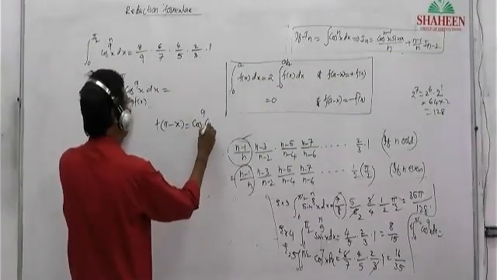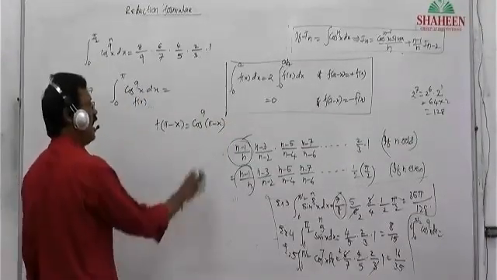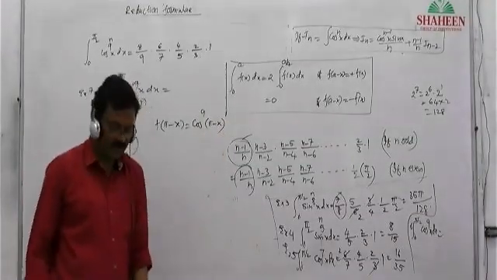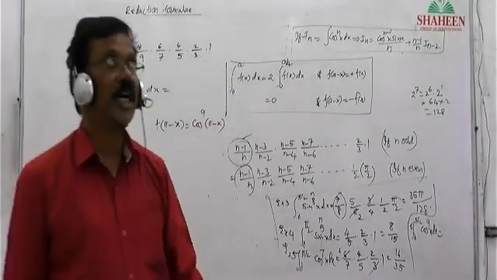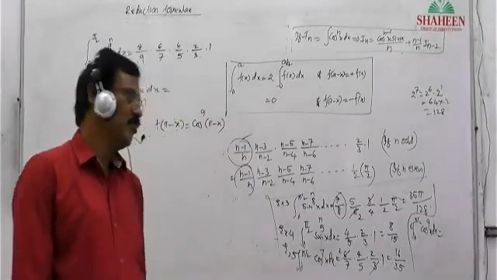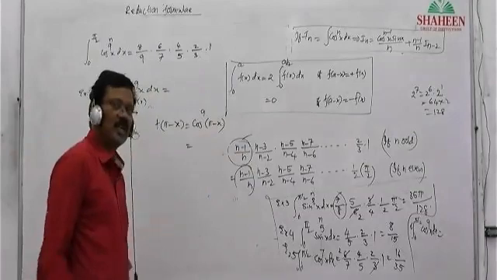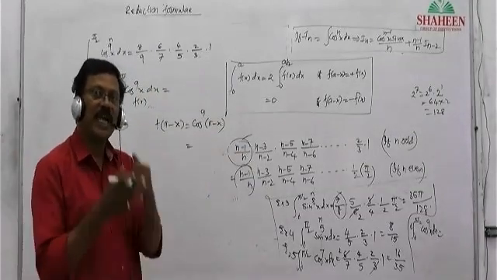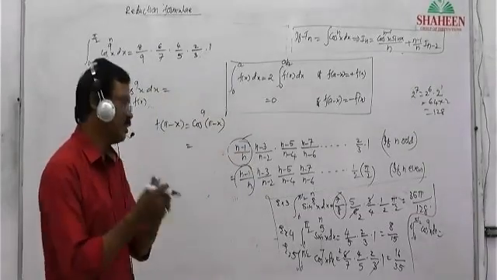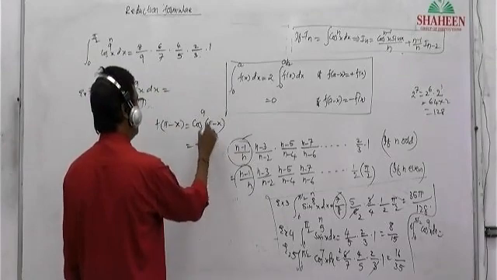Cos power 9 of (pi minus x). Is it okay? What is cos(pi minus theta)? Cos(pi minus theta) is minus cos theta. Cos(pi minus theta) is in the second quadrant; in the second quadrant sine is plus and cos is minus. So cos(pi minus theta) is minus cos, to the degree 9.